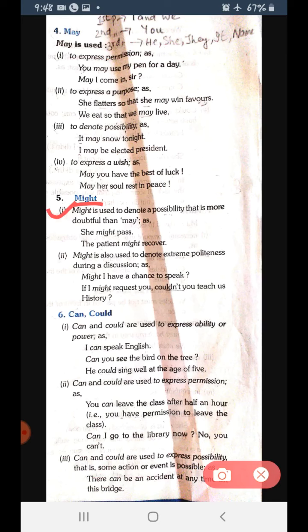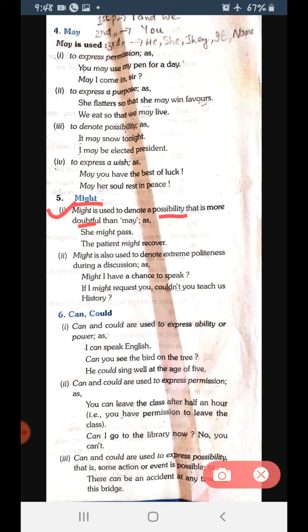Like if we say may, it means it is quite sure. But if we say might, that means it is quite doubtful. It is more doubtful than may.